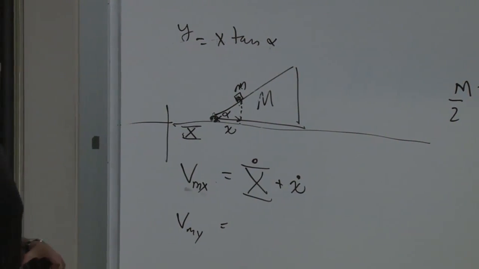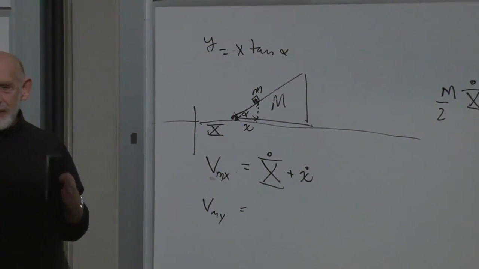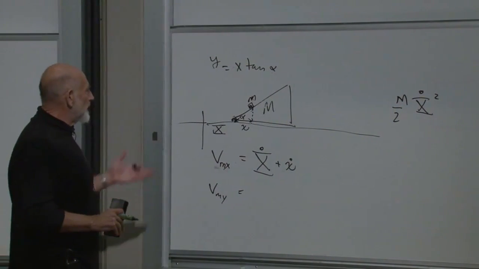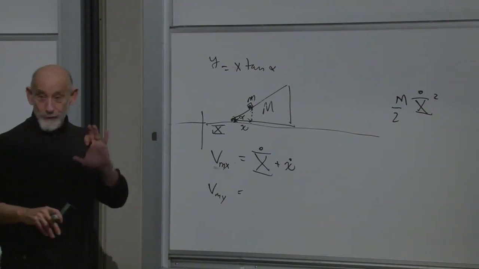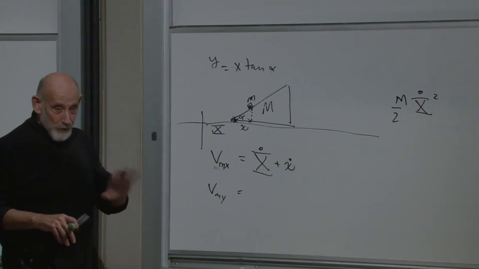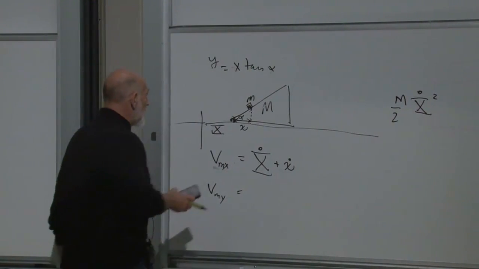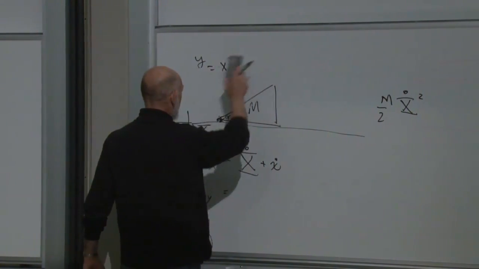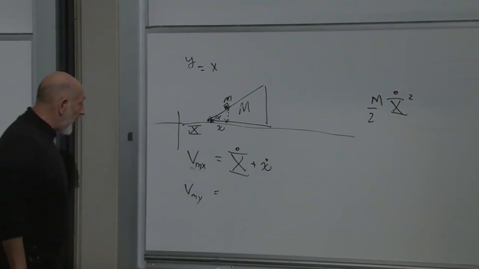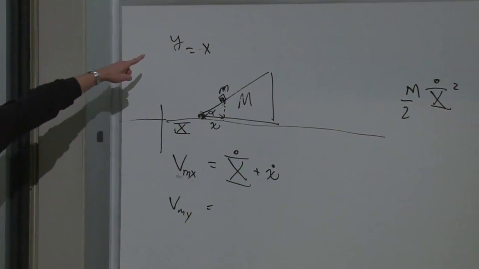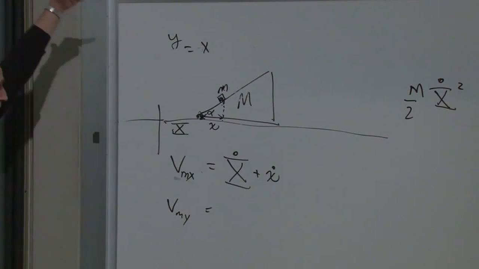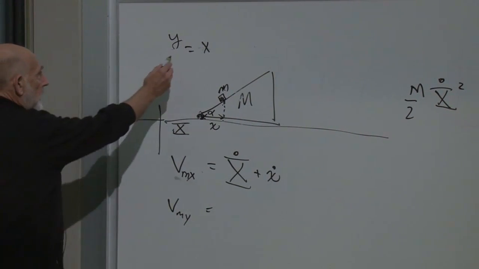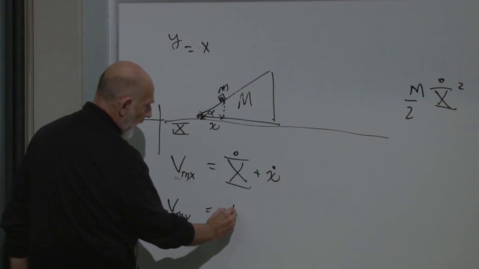Just to keep this a really clean example, let's actually take the example where alpha is 45 degrees. You can work out the case with a general angle. With 45 degrees, then y is actually equal to x. And what is the vertical velocity? The vertical velocity is just y dot.